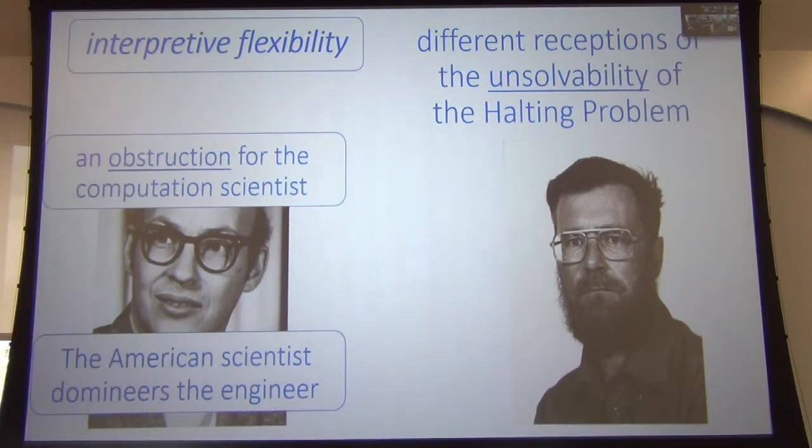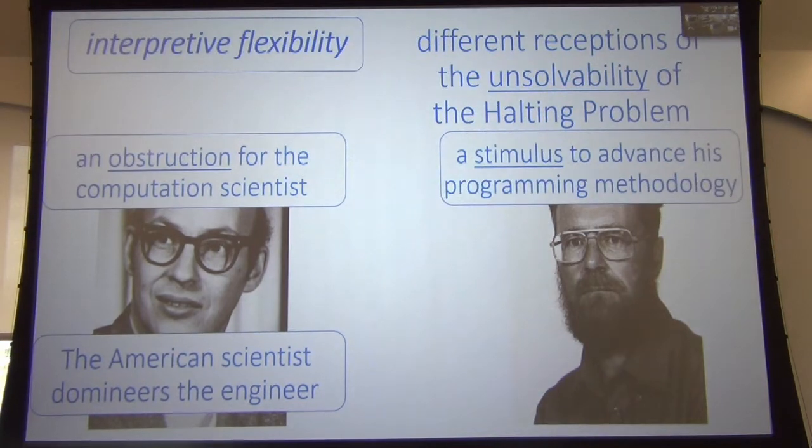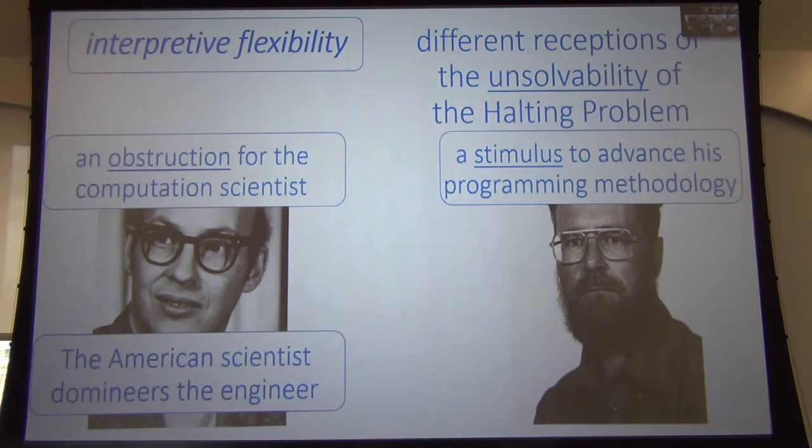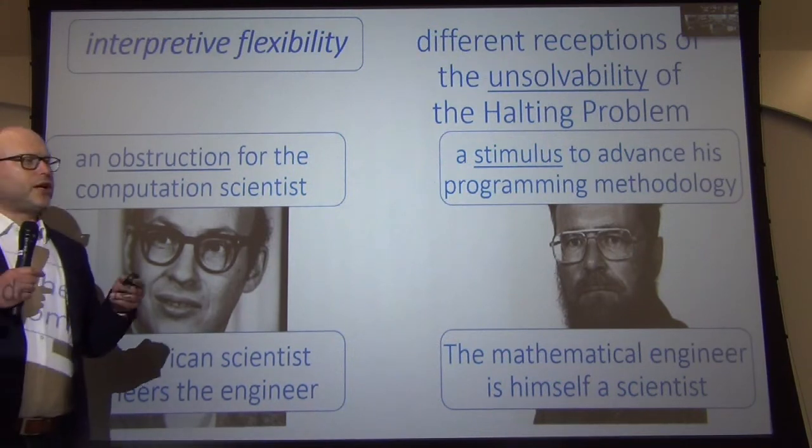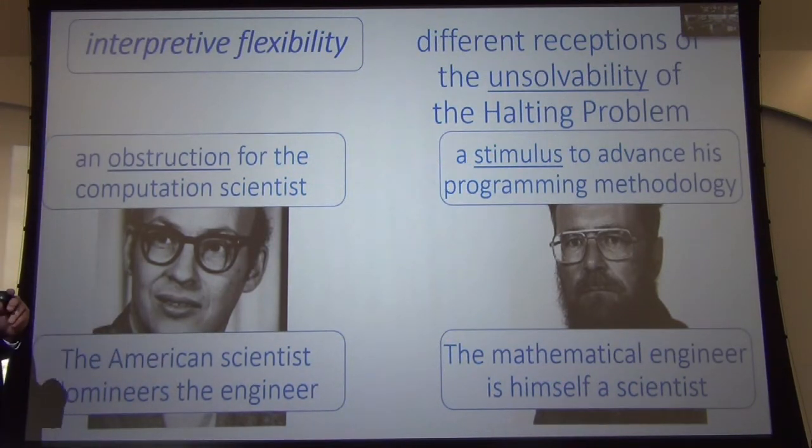But for Dijkstra, around 1970, he interpreted the unsolvability of the halting problem as a stimulus to advance his programming methodology. He called himself a mathematical engineer, he called himself a software engineer, and only later would call himself a computer scientist for other reasons.